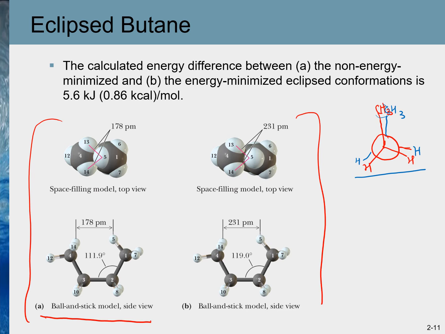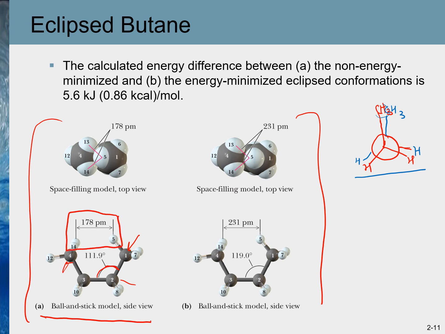So in this case, if we assume that the carbon bond angle at this position is the same as in the anti conformation, and we remember that in anti conformation it was 111, so if we keep it that way, the hydrogens which are connected to carbon 1 and carbon 4 are only 178 picometers apart.